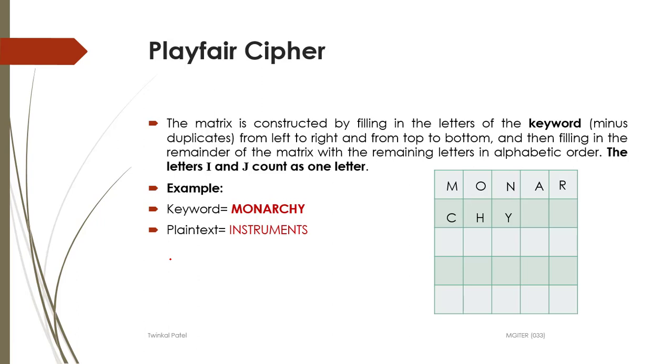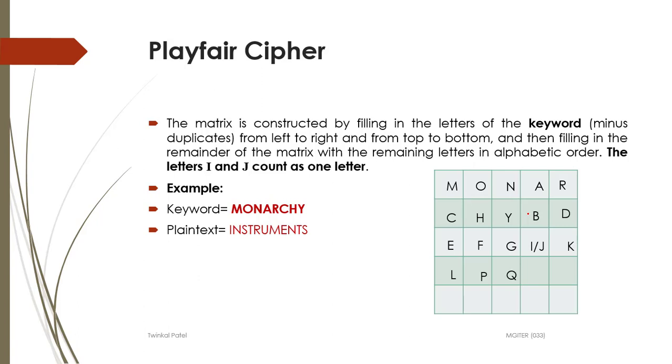After that, the remainder of the matrix is filled with the remaining letters in alphabetical order. A is already there, so next we fill with B, D, E, F, G. H is already there. I and J are considered as one letter. After that K, L, and M, N, O are already there.